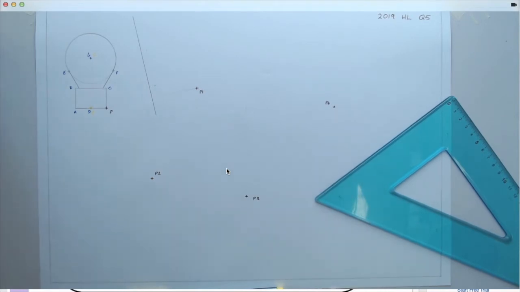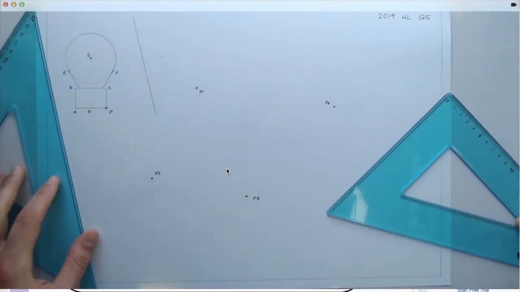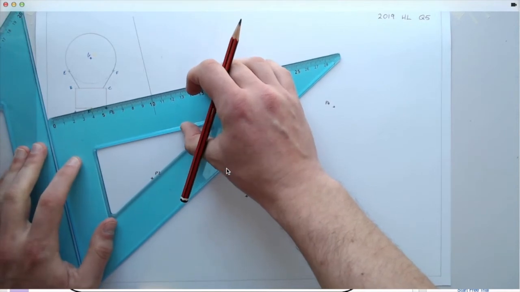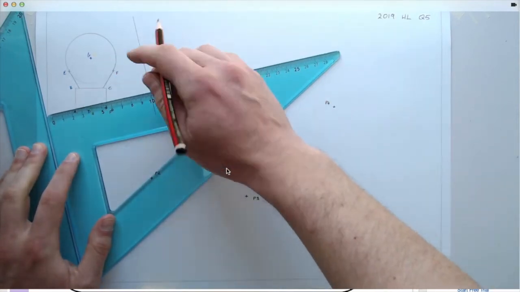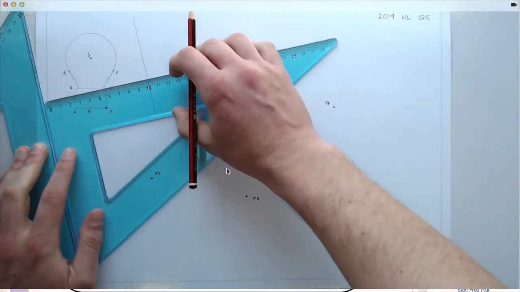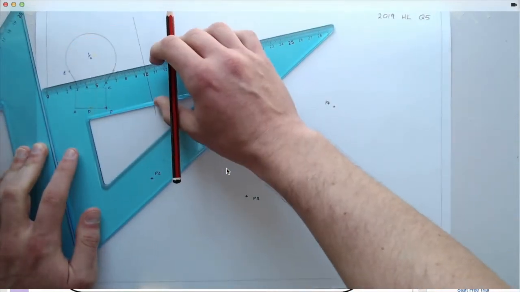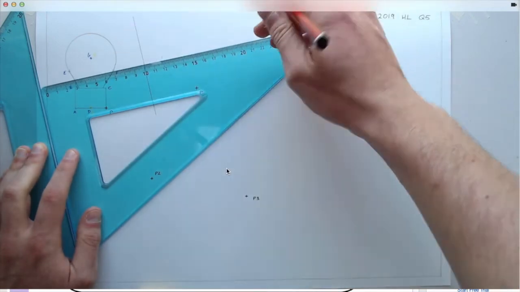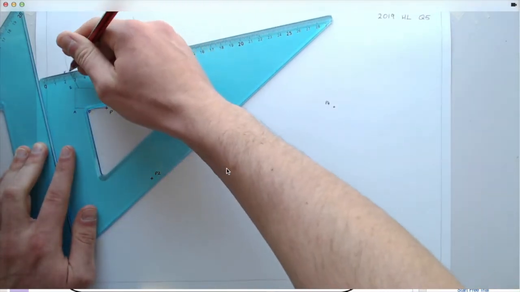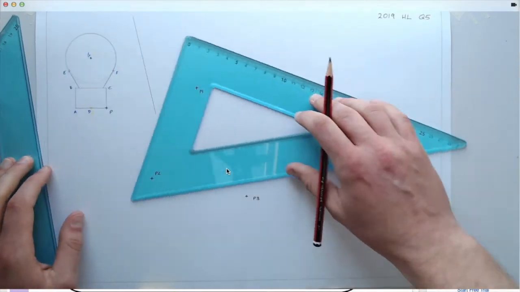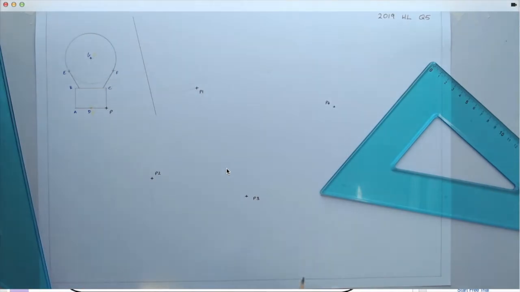Then we do the question the way that we would always do an axial symmetry. So I'll take each one of my points, I'll project them through, and then put my distances on.